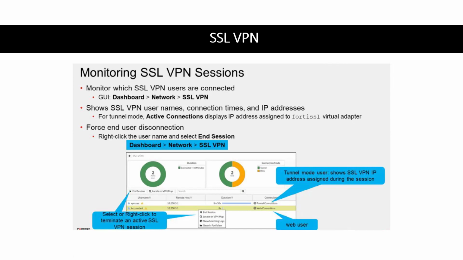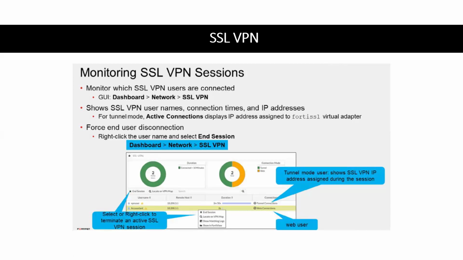Okay, so first things first, right? And I do love this, right? Is that you can go ahead and look at the active SSLVPN sessions on your firewall, right? You log in, get to dashboard, go to the network portion, right? Not the actual network section, the network portion of the dashboard, right? 2 different things.